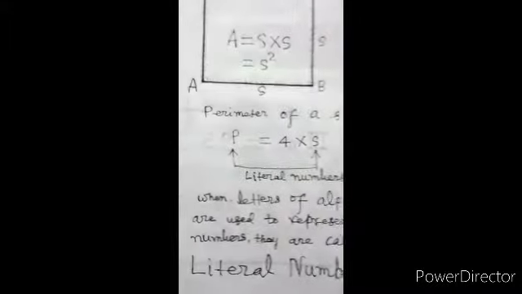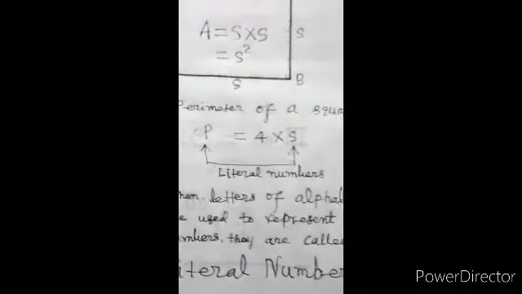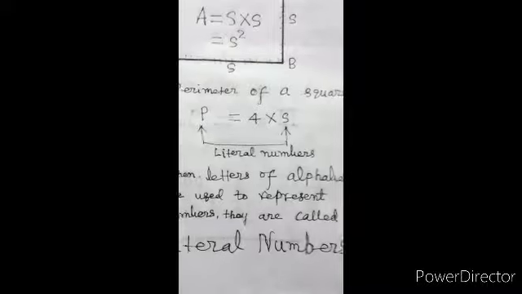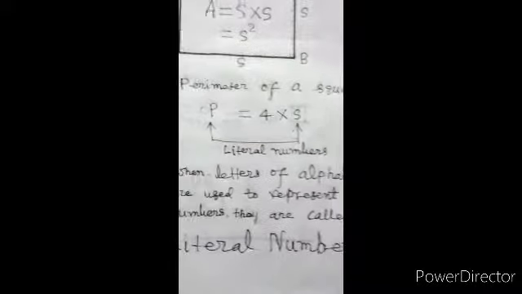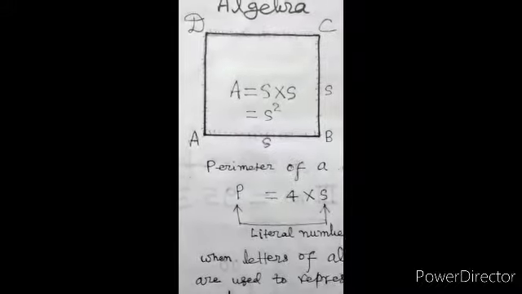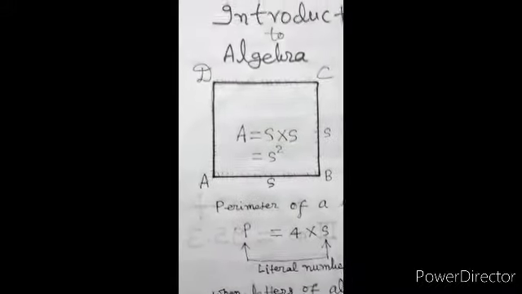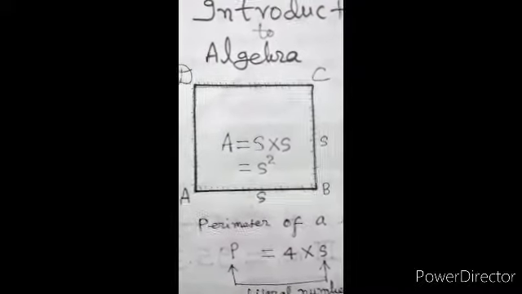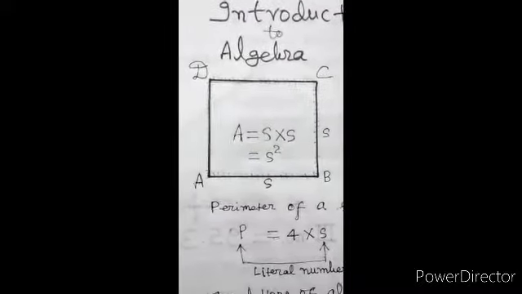When letters of alphabet are used to represent numbers, they are called literal numbers. As P and S are used here in place of numbers, so these are called literal numbers.